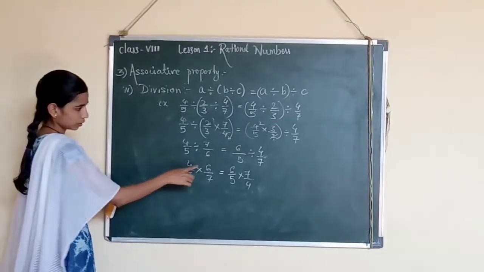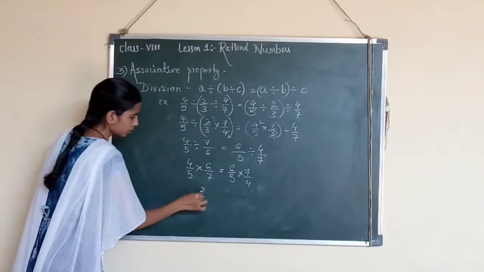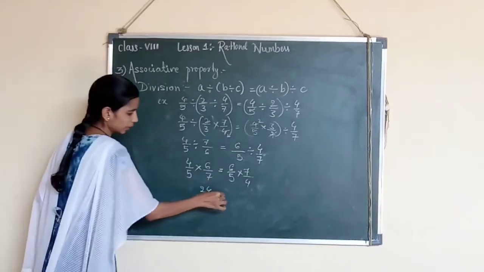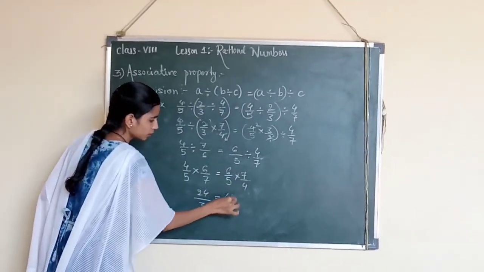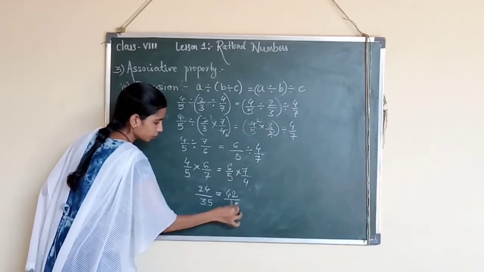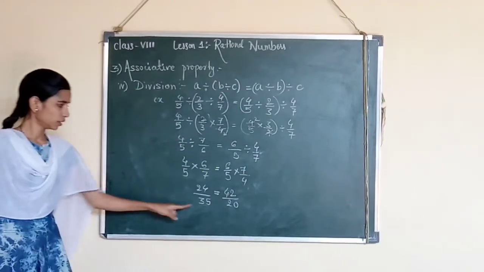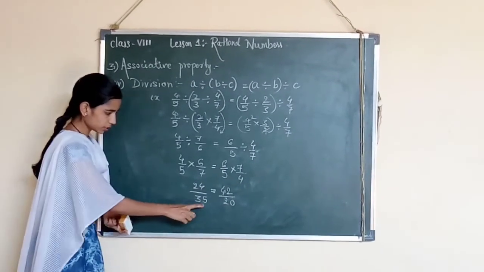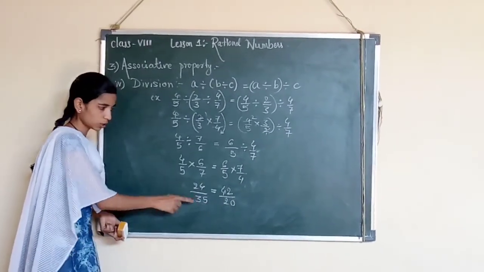Now there is no cancellation, so 4 6s are 24, 5 7s are 35, and 6 7s are 42, 5 4s are 20. Now see, this is LHS and this is what? RHS. But can we say that these two are same? No, they are not same.